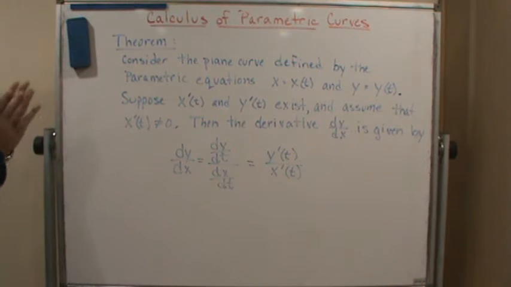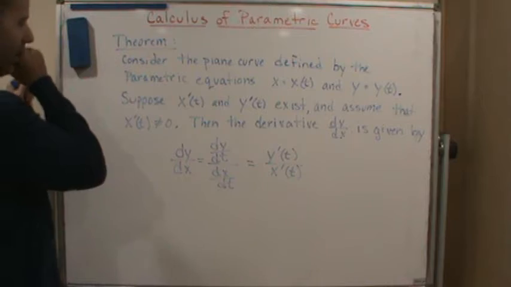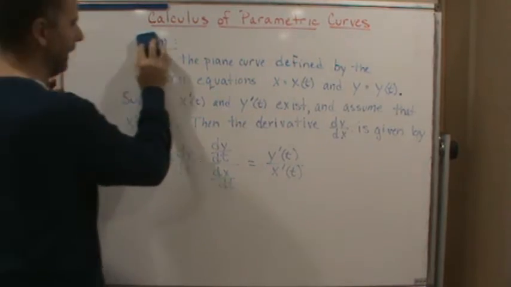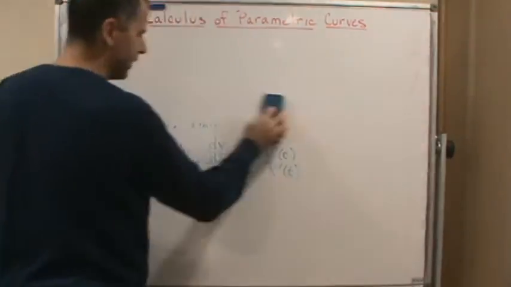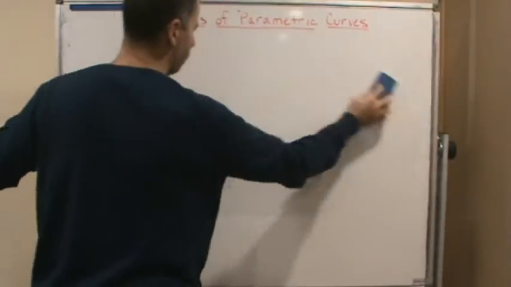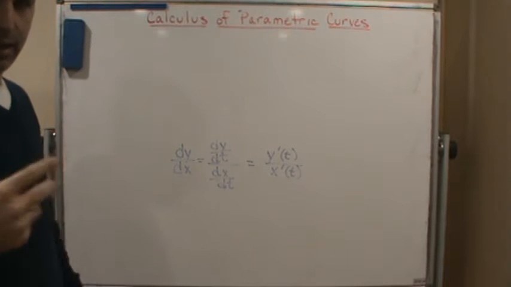Okay, so let's start with our assumptions, right? To prove this, it really just takes the chain rule. In particular, we're going to assume that we can eliminate the parameter.